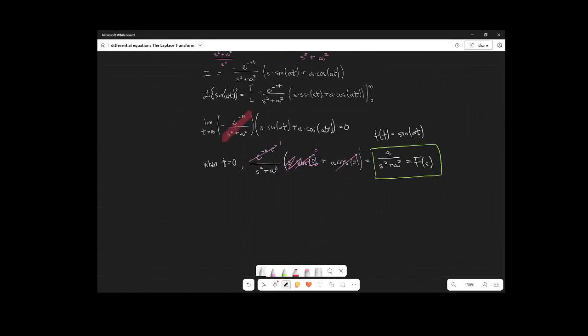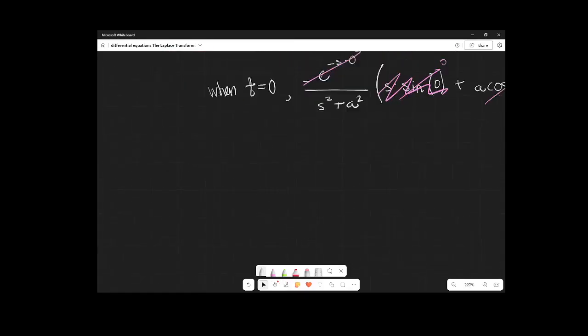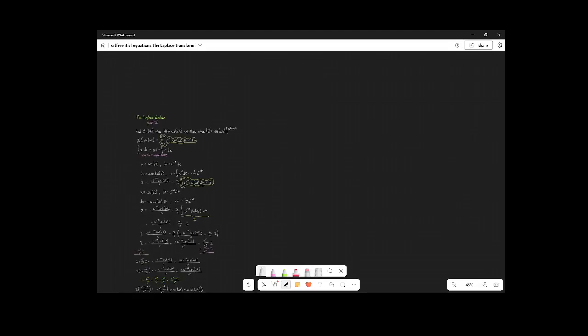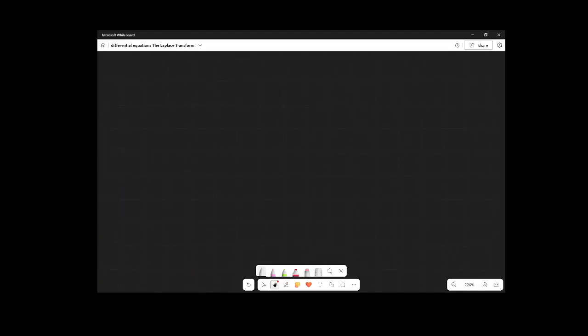All right, now let's go through the cosine example as well. Very similar. So now that we have all of the math worked out, we can just get moving here. So I'll say, what is the Laplace transform of the function cosine at?